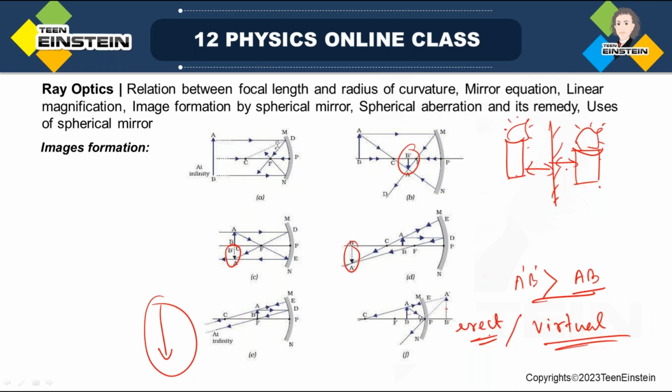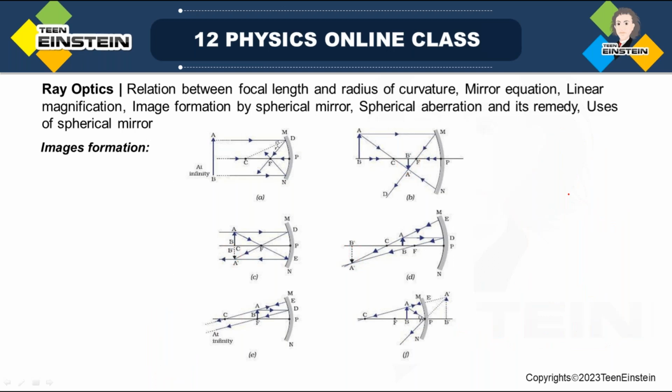This we know already, and obviously the image will be erect. So this is actually a virtual image. The image we see in a plane mirror is actually a virtual image, because an erect image will always be virtual. All right.